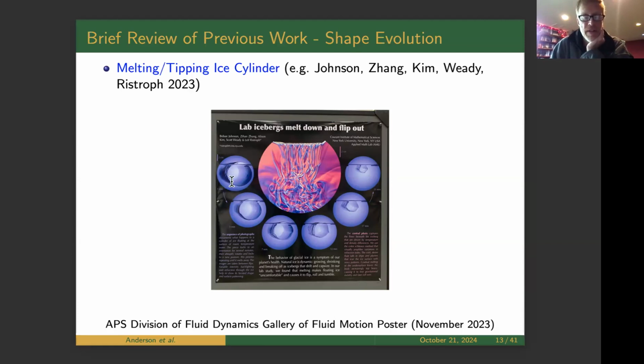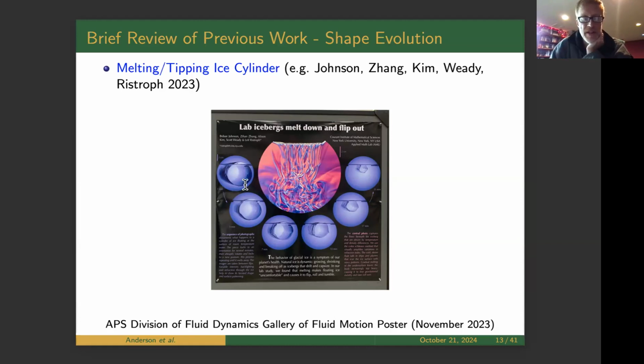What happens is that this thing starts to melt on the submerged surface. And as that occurs, this cylinder becomes top heavy and it flips its orientation at some point, reaches a new stable orientation, but then it keeps melting and keeps getting top heavy and it flips again. So this is a picture of that sequence over a few different flips.